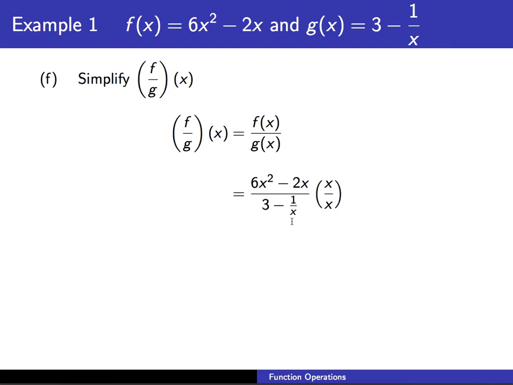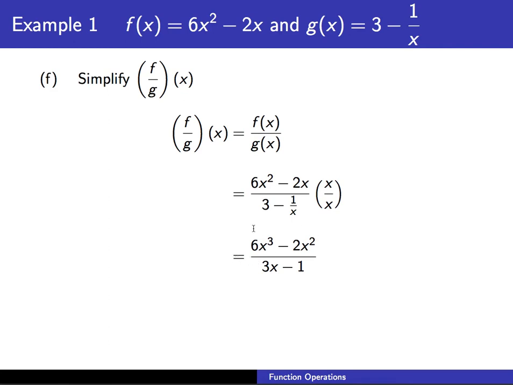So that'll clear out our tiny fraction of 1 over x here. When we multiply through, we're going to multiply 6x squared minus 2x by x. We'll get 6x cubed minus 2x squared. And then 3 minus 1 over x times x gives us 3x minus 1.